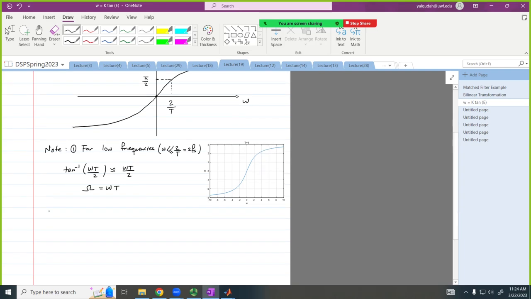Now when the frequency becomes very large, when W is much larger than 2 over T, which is 2 multiplied by Fs, what's going to happen to the frequency? The frequency scale is going to get distorted.